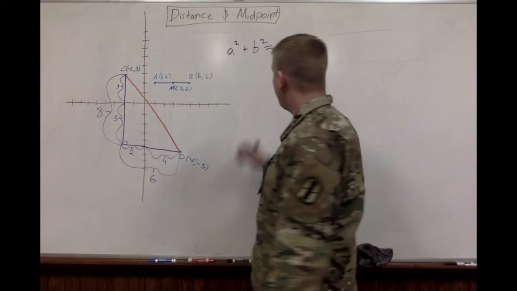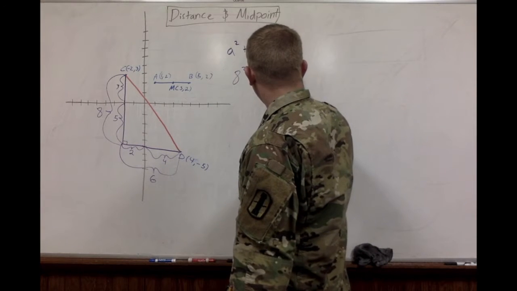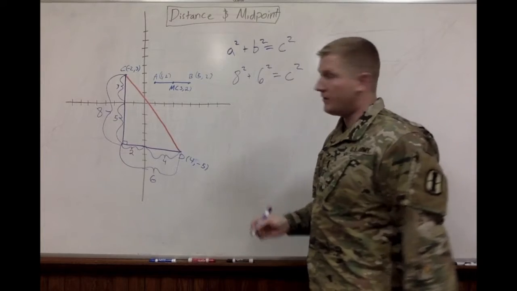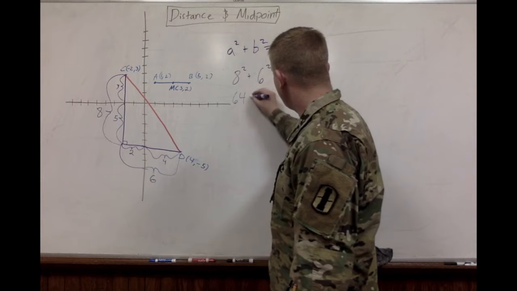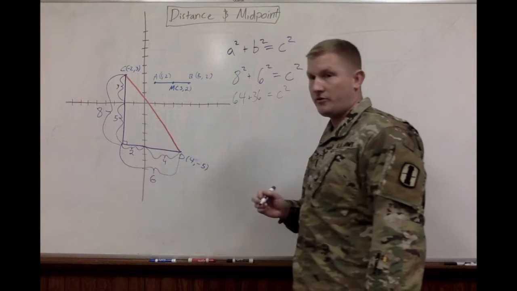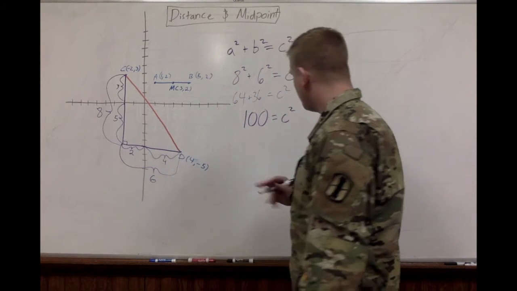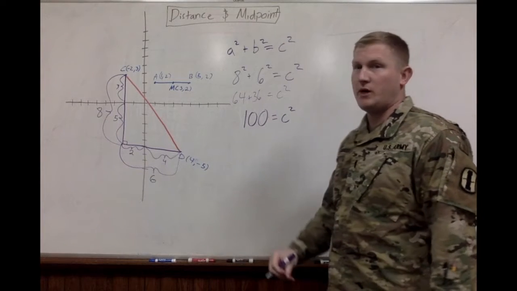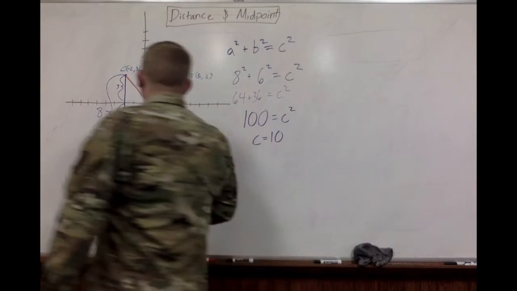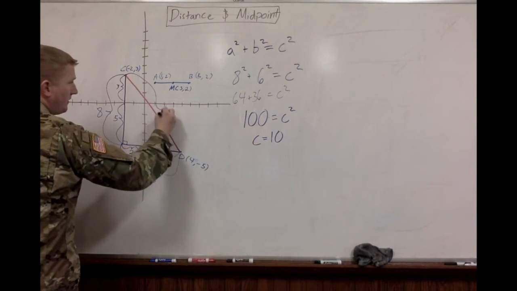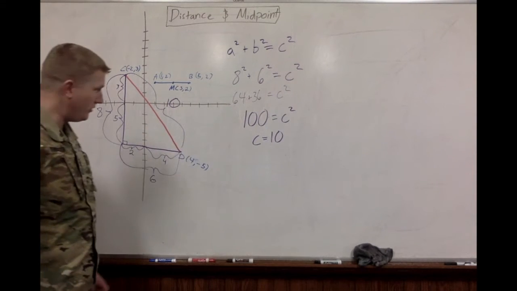In this case, let's call a 8, b will be 6. 8 squared is 64, 6 squared is 36, 64 plus 36 is going to be 100. Ooh, that's a nice, easy number. So if c squared is equal to 100, then we square root both sides, and we get c is equal to 10. So we've just defined the distance of our line. It is 10 units long.